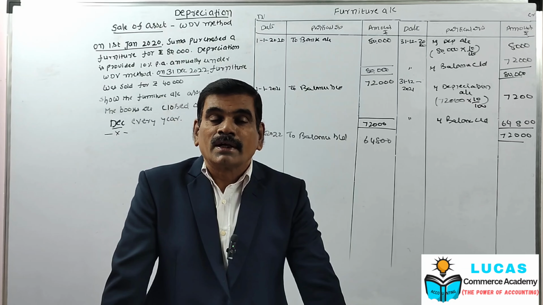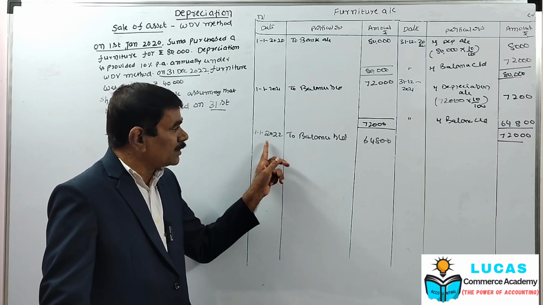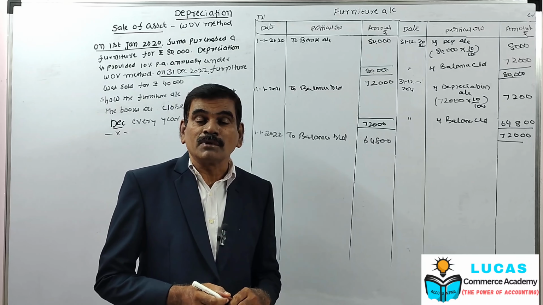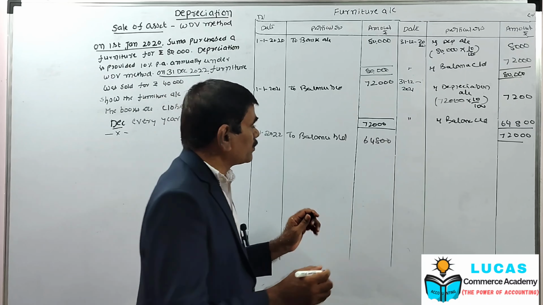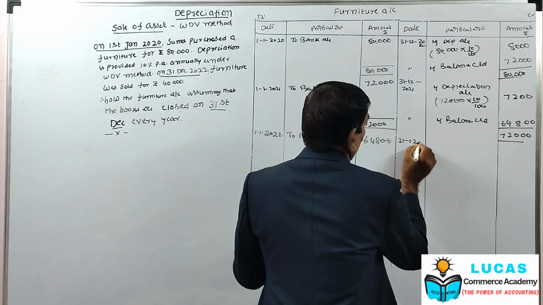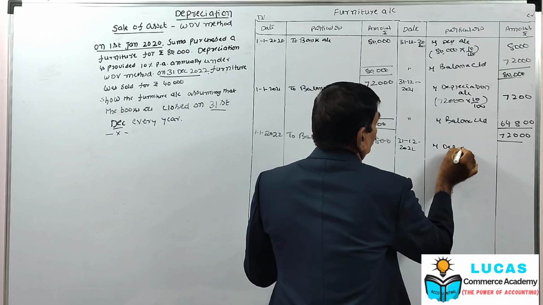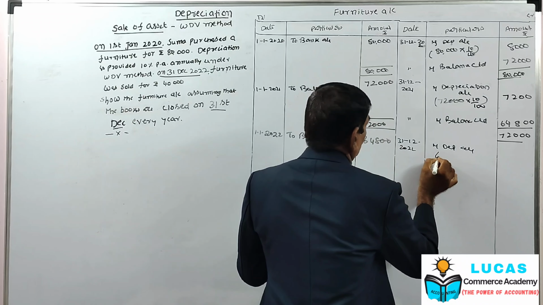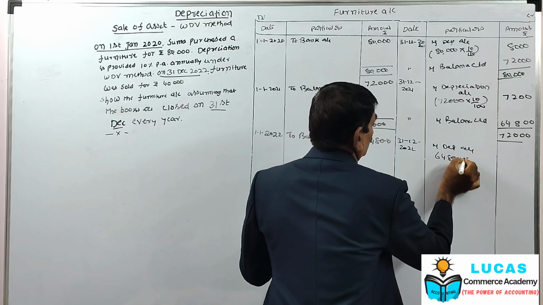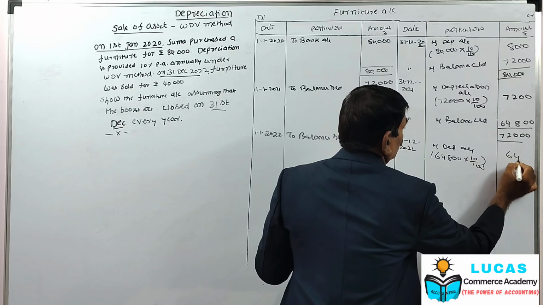Step 1: calculate depreciation from the commencement of that year to the date of sale. The sale has been made on 31/12/2022, by depreciation account, 64,800 into 10 by 100, that means 6,480.